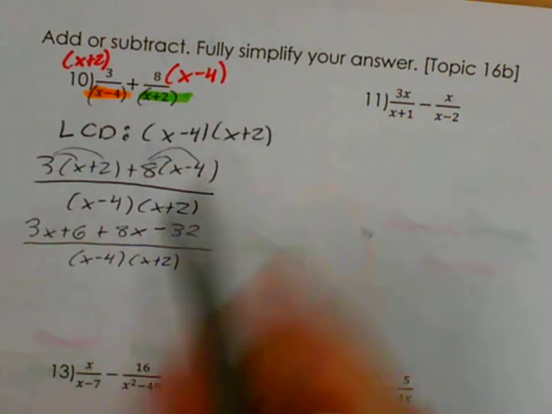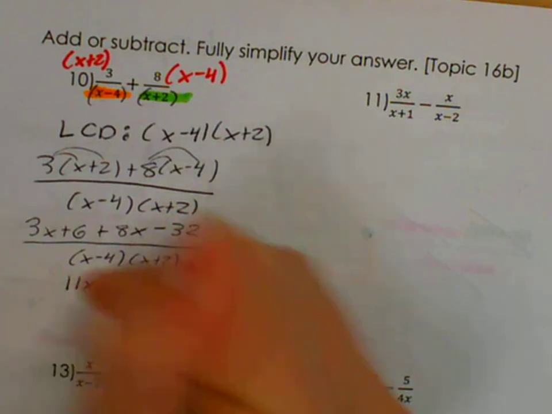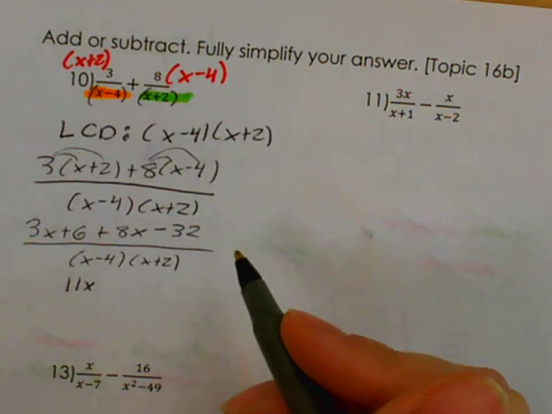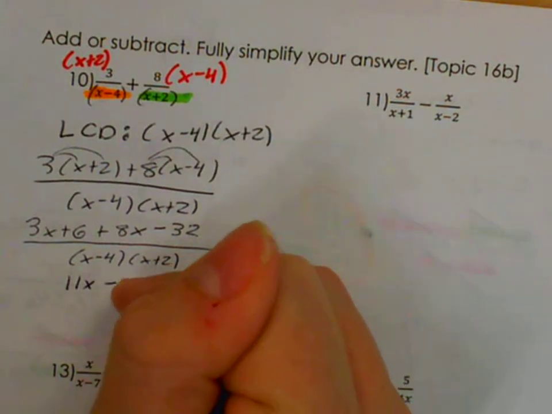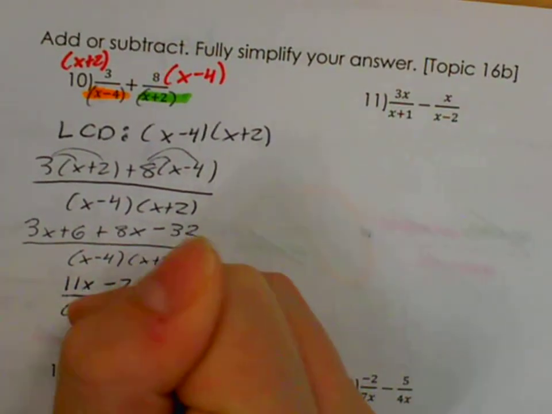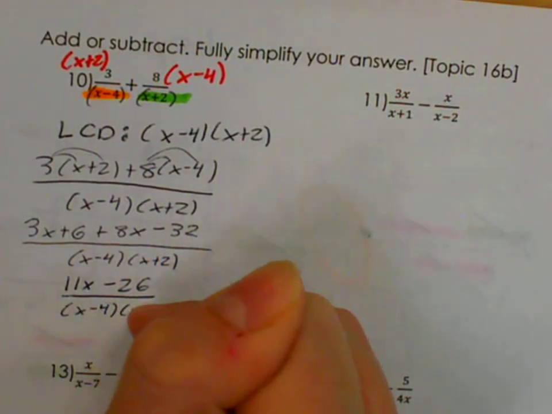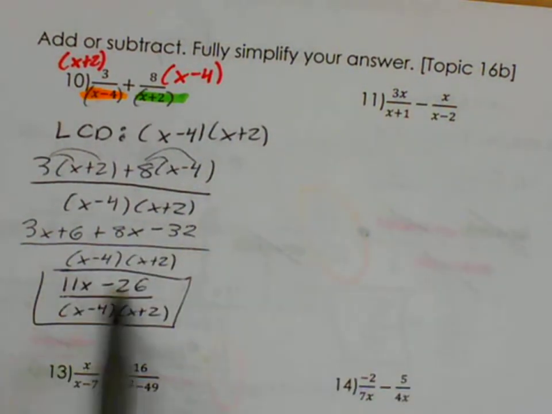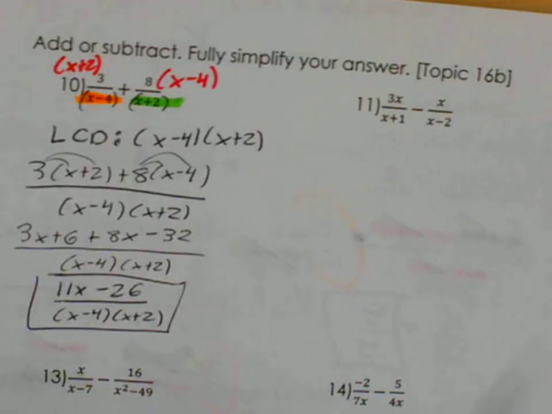So 3x plus 8x is 11x. 6 minus 32 is negative 26. And again, that's still over the (x minus 4)(x plus 2). And I'm done because there's nothing I can factor out here, so there's nothing that can be canceled in my final answer. So let's look at the next one.